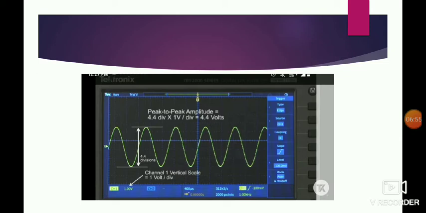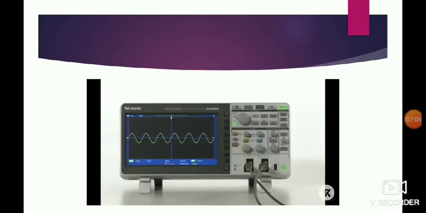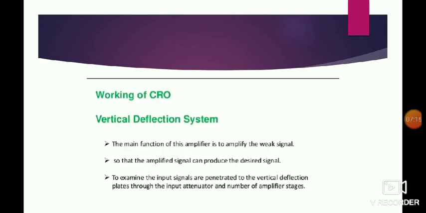This is the waveform of a sinusoidal signal to observe amplitude and frequency through the function generator. This is also a sinusoidal waveform. Working of CRO. Vertical deflection system.